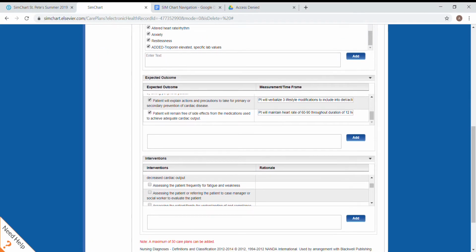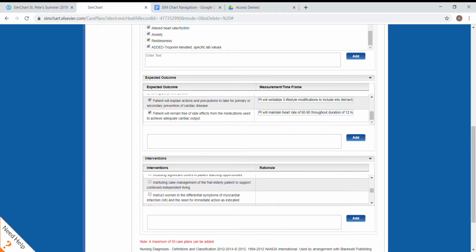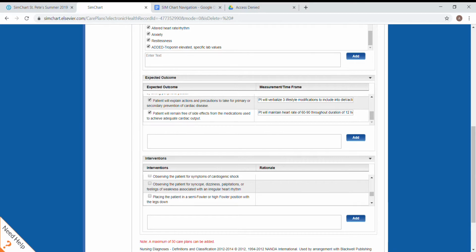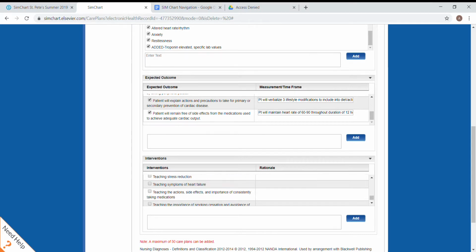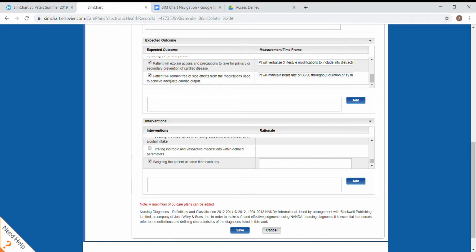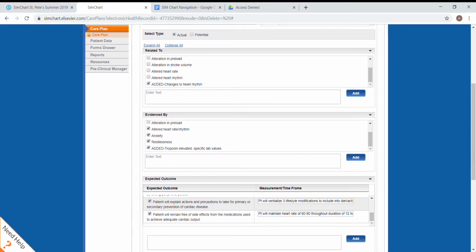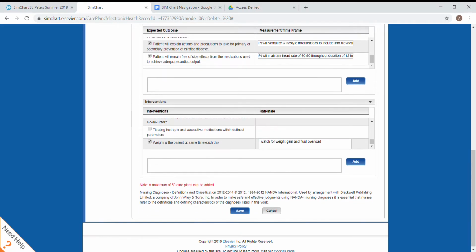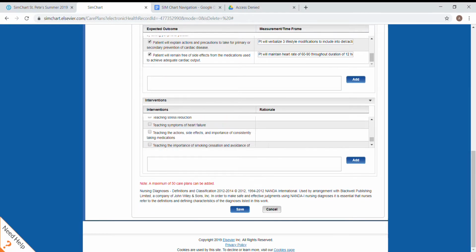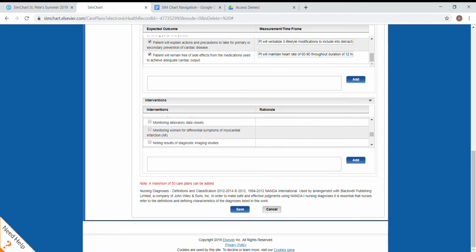So it wants me to include a rationale for each intervention, which I thought I did that, but apparently not. Okay, so I guess it didn't save any of those.